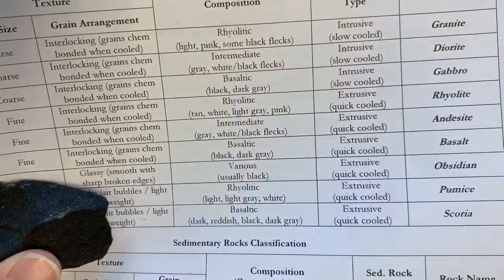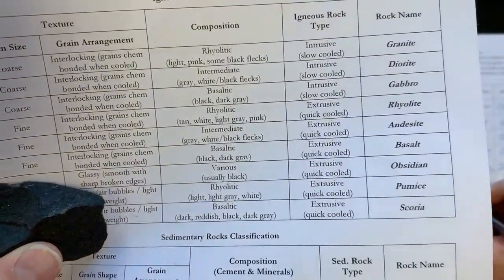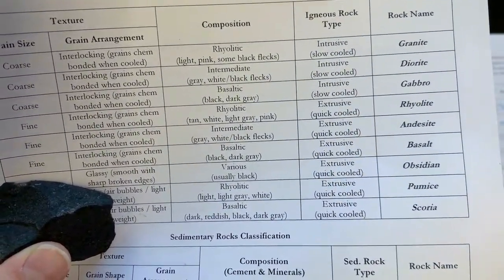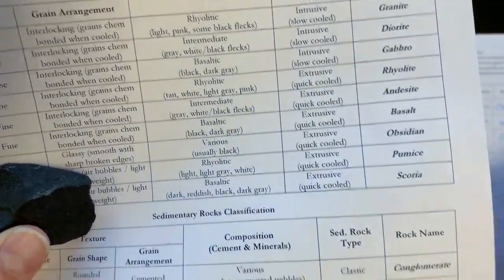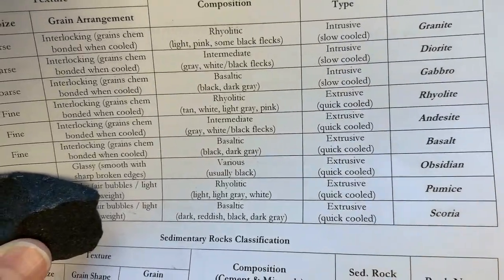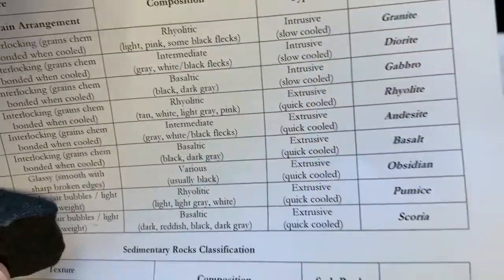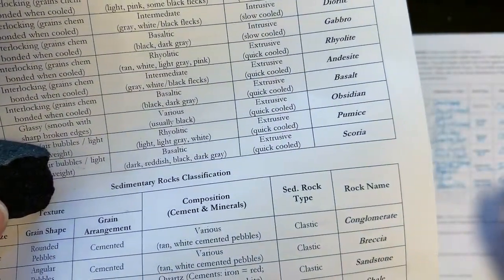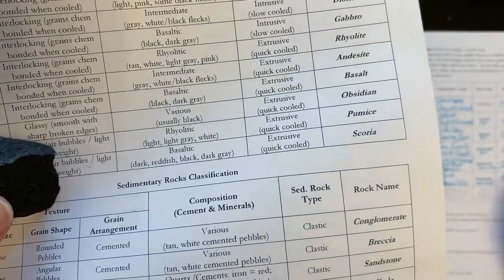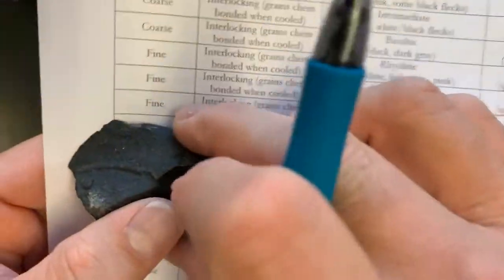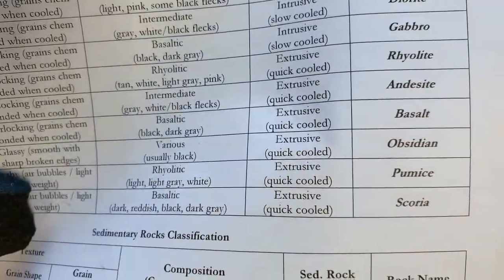Nope, it's basaltic, definitely. So its composition is basaltic. Again, that's what they refer to the magma as, basaltic. And its origin for basaltic is extrusive, which means quick cooled. Extrusive. The grains did not have time to form large in this one, and so our rock name is basalt.